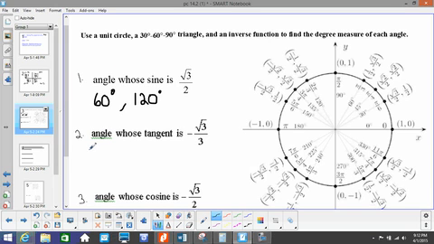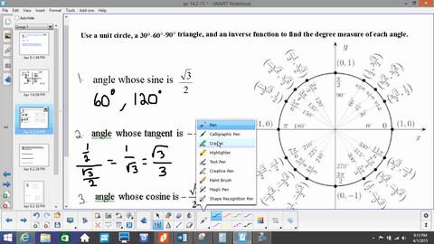I just know that 1/2 over radical 3 over 2 gives me 1 over radical 3, which when you rationalize it is radical 3 over 3. Now that needs to be negative, but that tells me my coordinates. Remember, tangent is y over x.